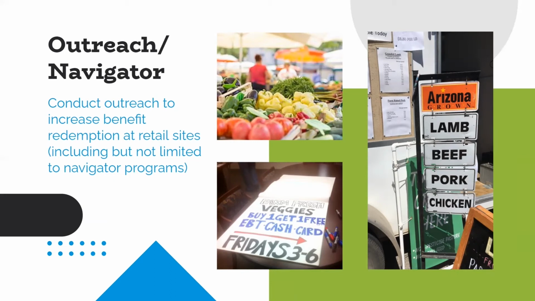Outreach work is most common with farmers market sites, but could also be done to promote community-supported agriculture or CSA programs, farm stands, or other locations participating in Double Up Food Bucks Arizona, or FMNP-like programs.